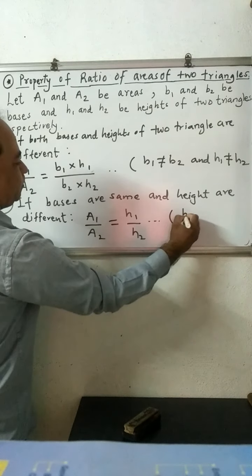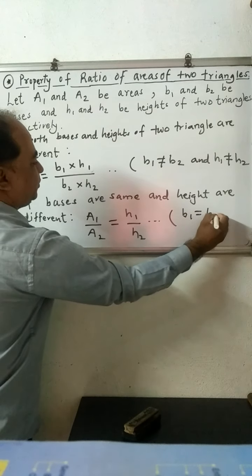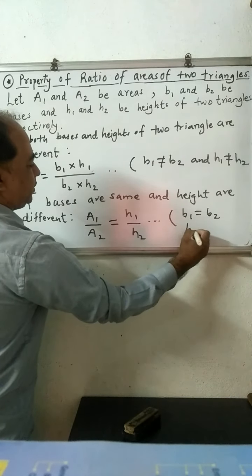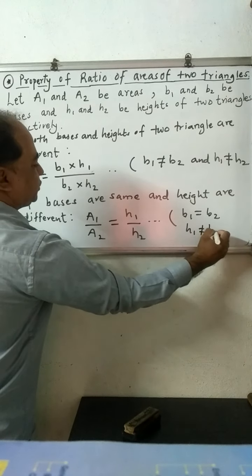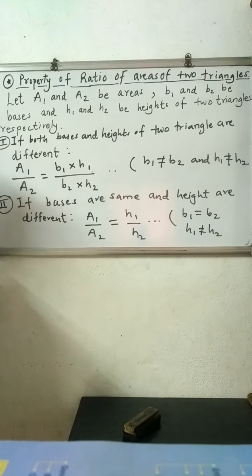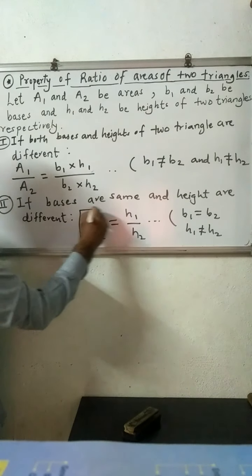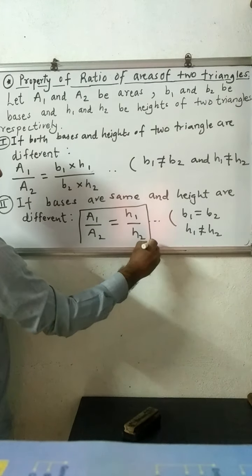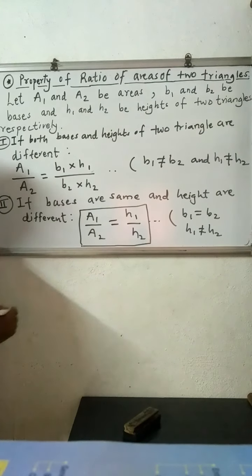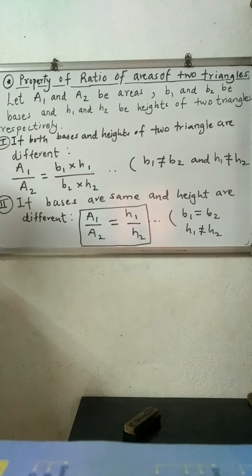Here B1 is equal to B2 and H1 is not equal to H2. The ratio of area of two triangles with same base but different height is equal to the ratio of their corresponding heights.